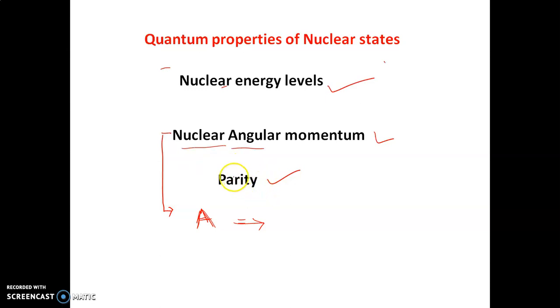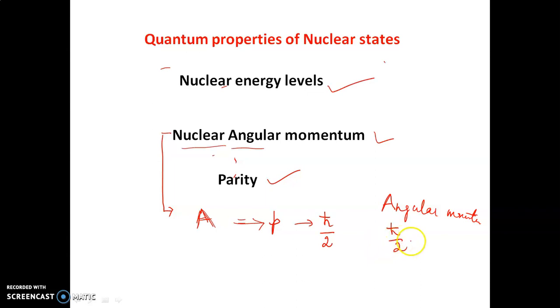So with the protons and the neutrons, we associate a quantum number in units of h cross by 2, and as a result, if I have a large number of protons and neutrons, the angular momentum should add up. So the angular momentum, these are the quantum numbers, are multiples of h cross by 2.